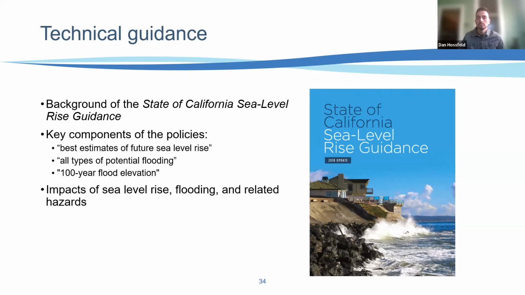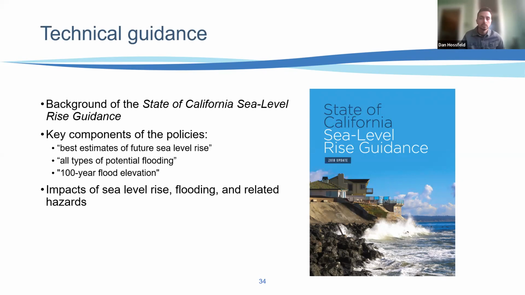So it goes into background information on the state of California sea level rise guidance, which BCDC uses in its programs and implementation, and provides information regarding key components of the climate policies, explaining these terms that you see here: best available estimates of future sea level rise, the 100-year flood elevation.